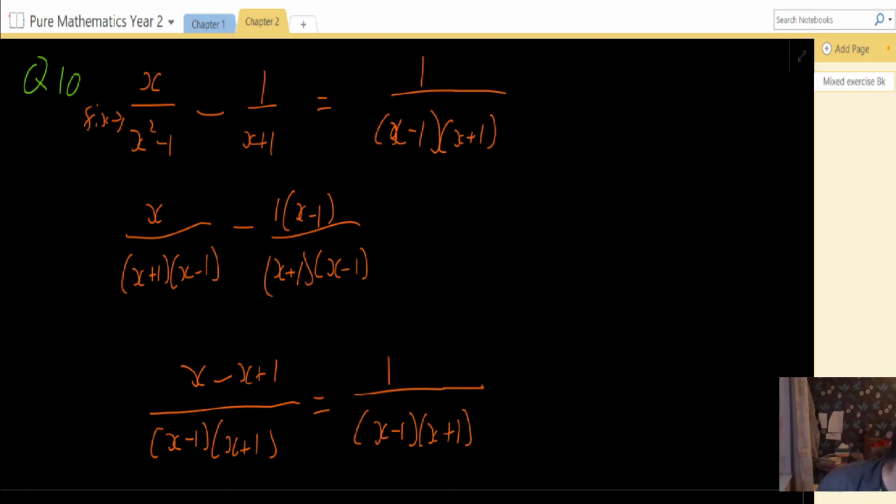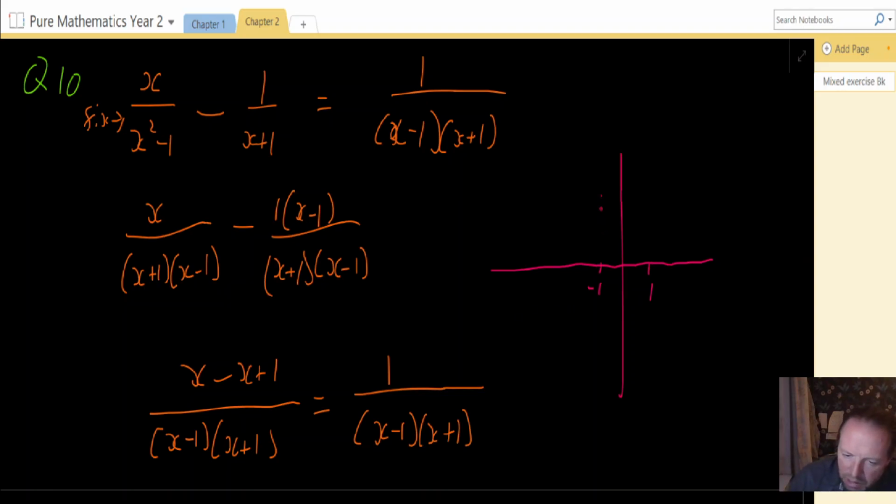Right then, find the range. Okay, so this is an interesting looking thing. If we have a minus 1 and a 1 in here, we can't have x as 1 and x as minus 1 because it would give us a 0 on the bottom.